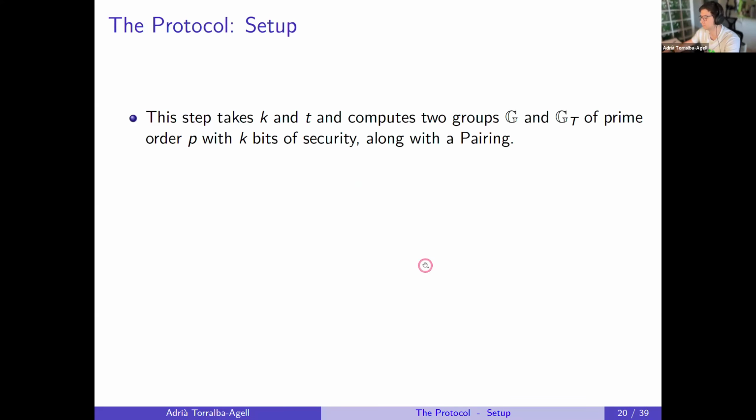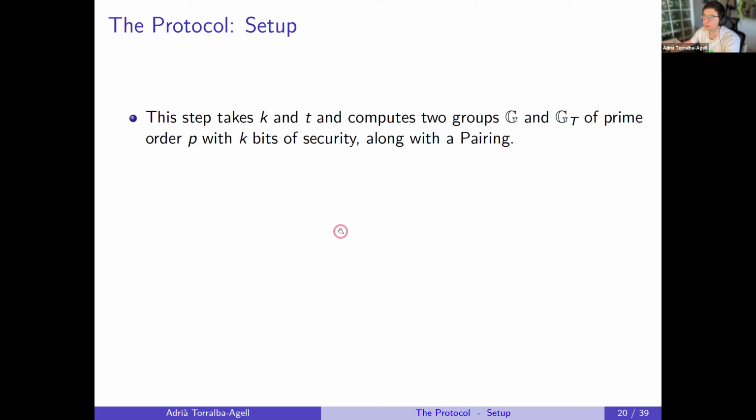So we are on the setup phase, and we take K, the security parameter, T, the maximum degree of the polynomial we want to commit, and we compute G and GT of prime order P with at least K bits of security, along with a pairing. And now we know what a pairing is.